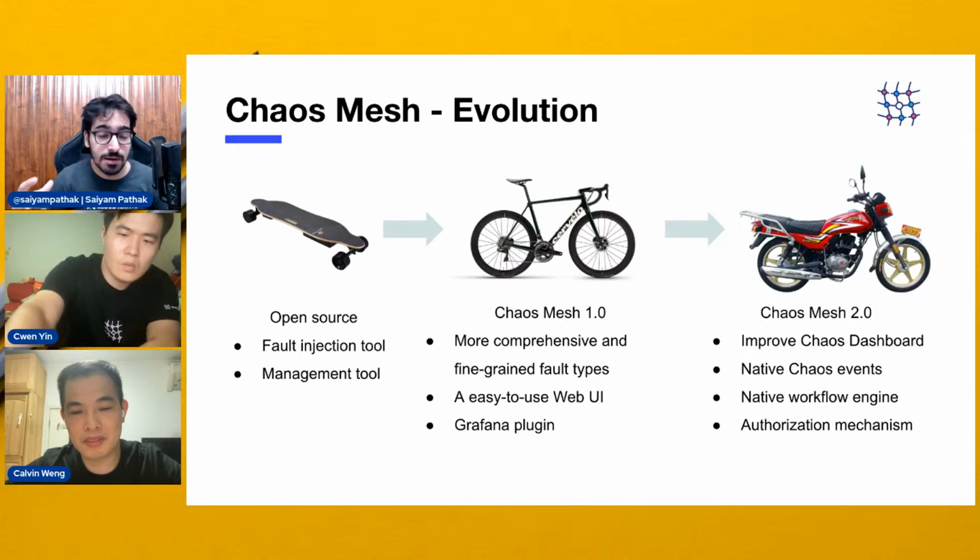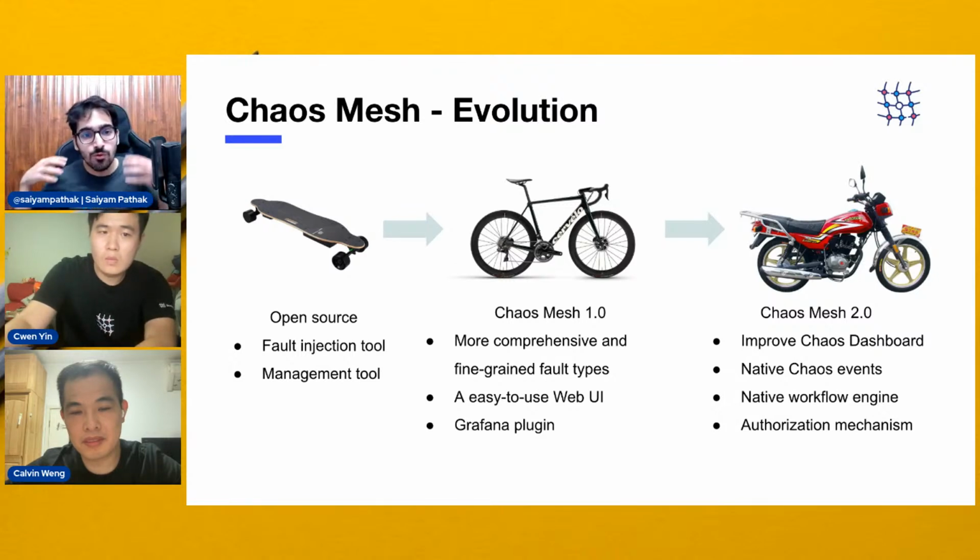Very rightly said by Kelvin that there are other players in the ecosystem that are moving towards the same goal of making chaos engineering easy, useful, and helpful for the community. So that's where the community involvement is also very important, to tell us which features are required and which scenarios you are thinking of doing test cases with.